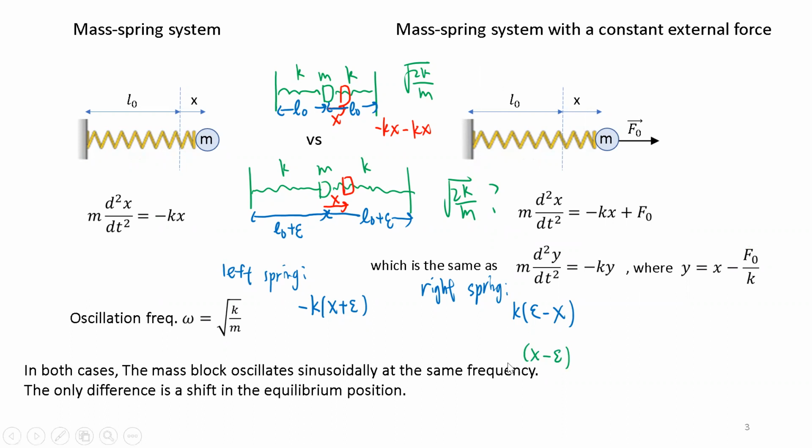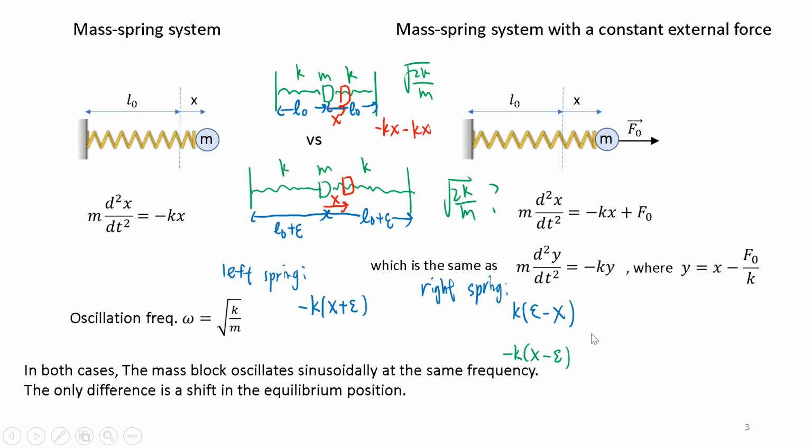Because it is compressed, the force is due to compression, not stretching. If it is due to stretching, the force by the right spring is to the right, so that's why I don't have a minus sign here. But if this is compression, then the force will be to the left. So the force will be minus k times x minus epsilon, which is the same as k times epsilon minus x. So in either case, the same expression works.